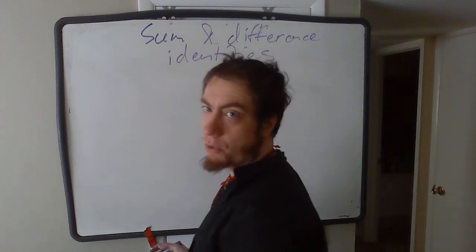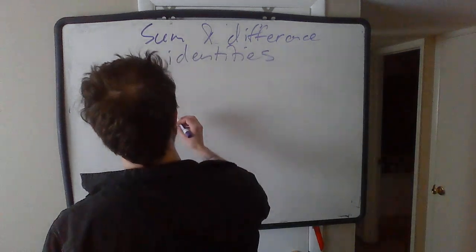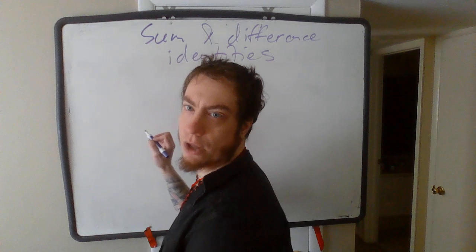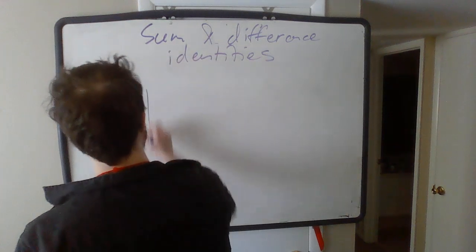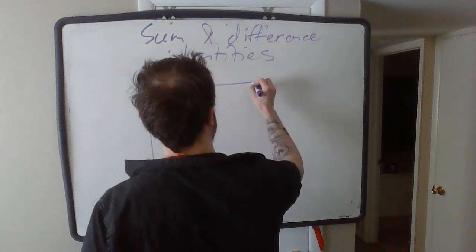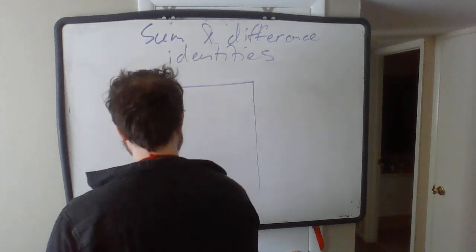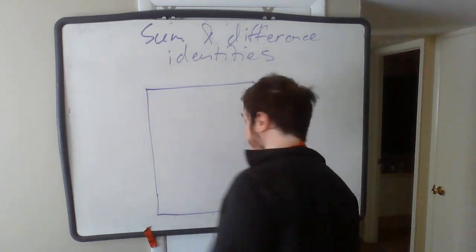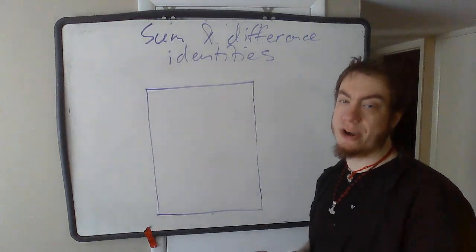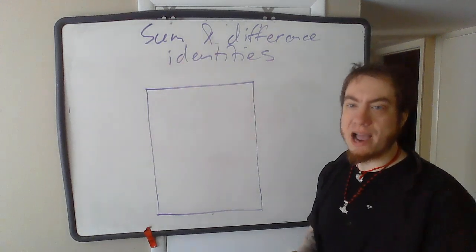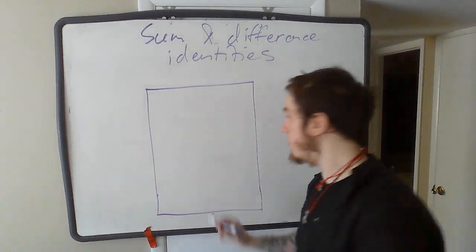So, the construction that I would like to make here: I am going to make a large rectangle that initially is going to seem a little bit weird, but we're going to see exactly why I want to make this rectangle in a moment.